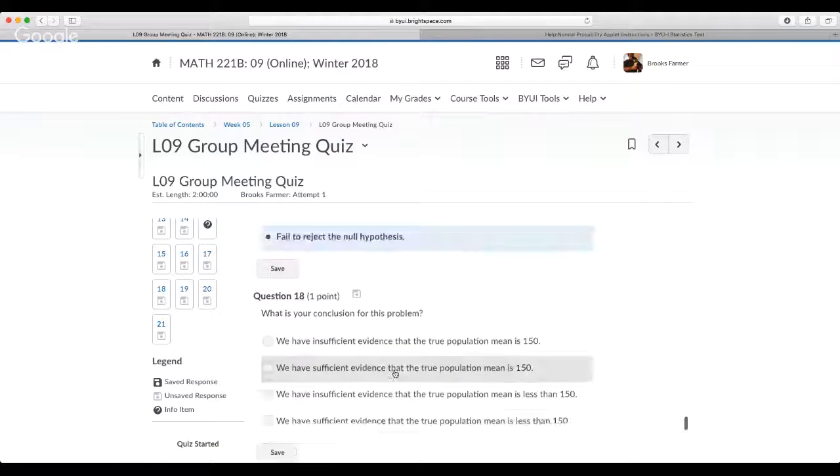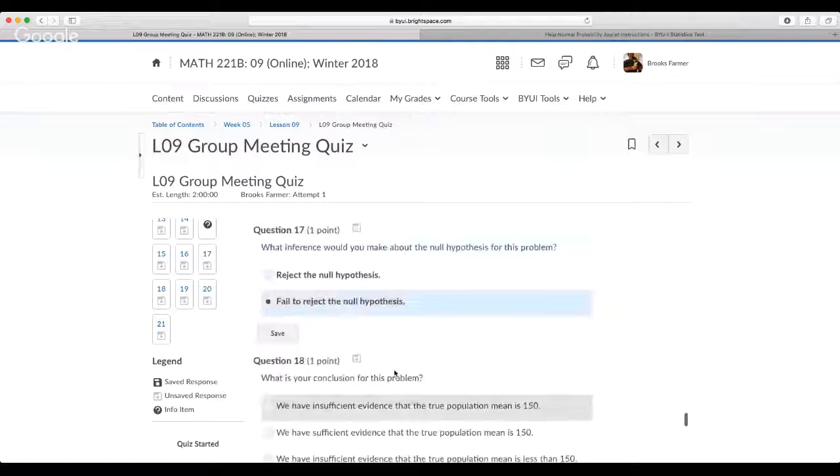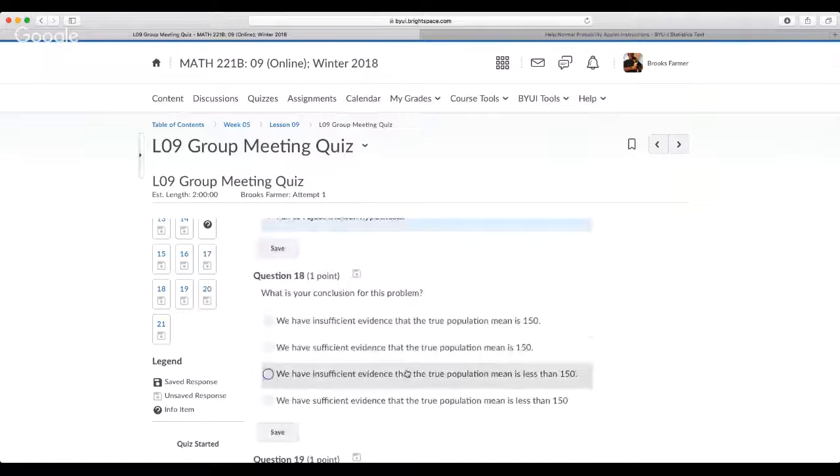Okay. So 17 is fail to reject, right? Yeah. So 17 is fail to reject, and 18 is the conclusion. 18 truly answers the trick. A and B are talking about the true population mean.